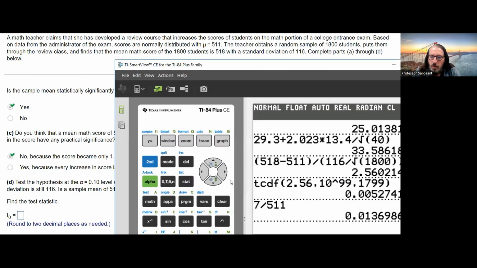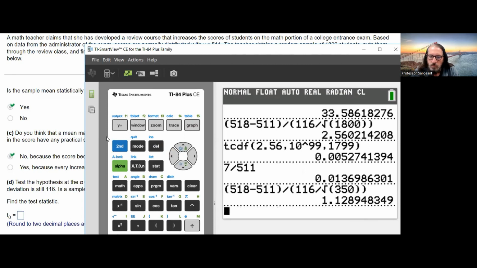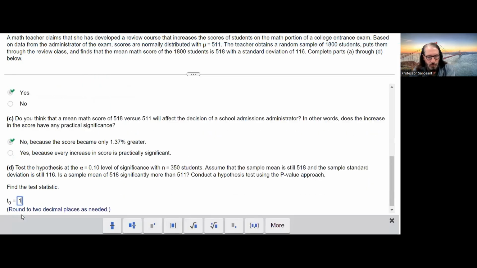That's going to make a change in the t-value, 350 students. So that lowers it to 1.13.